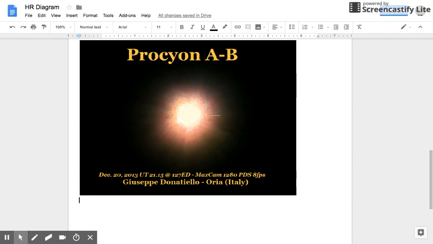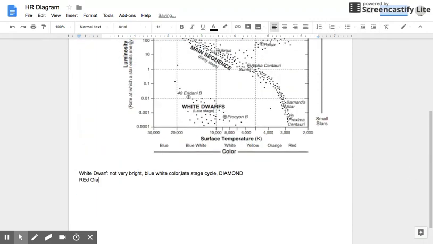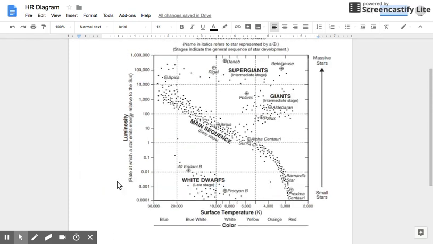So next we're going to move on to the red giants. Where on the chart do we see the red giants? Okay, right. We're seeing red giants right here, and it says intermediate stage beneath it.